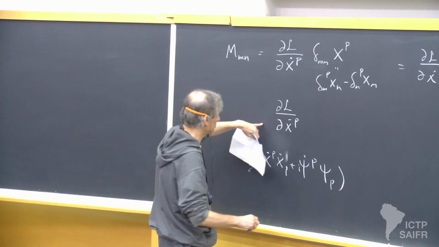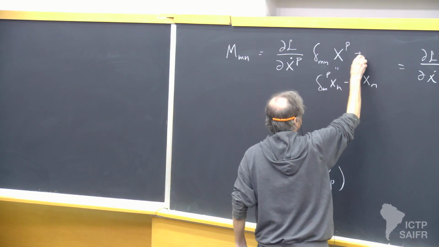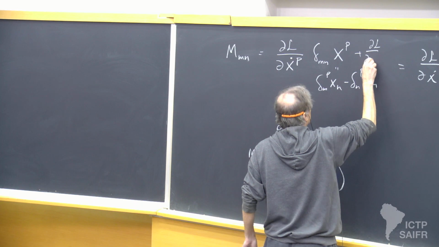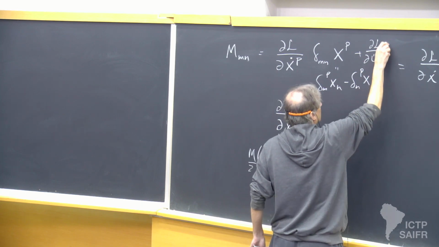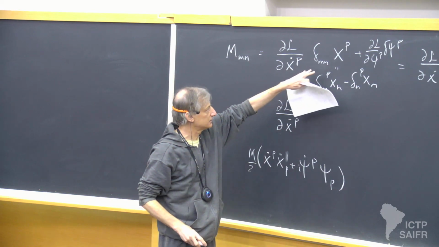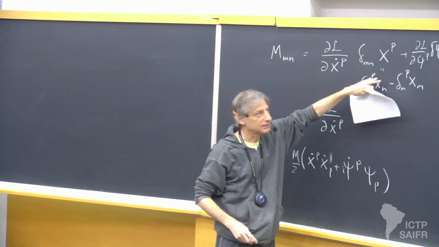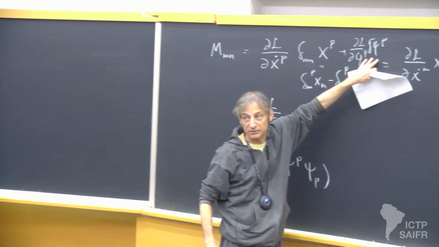So we can compute it. So you have DL. So we just use the same formula. Of course, there's also contribution from the psi's. Delta psi P. In this case, delta of X is just psi. I don't know if it was I psi or psi. And delta psi was X dot, right?